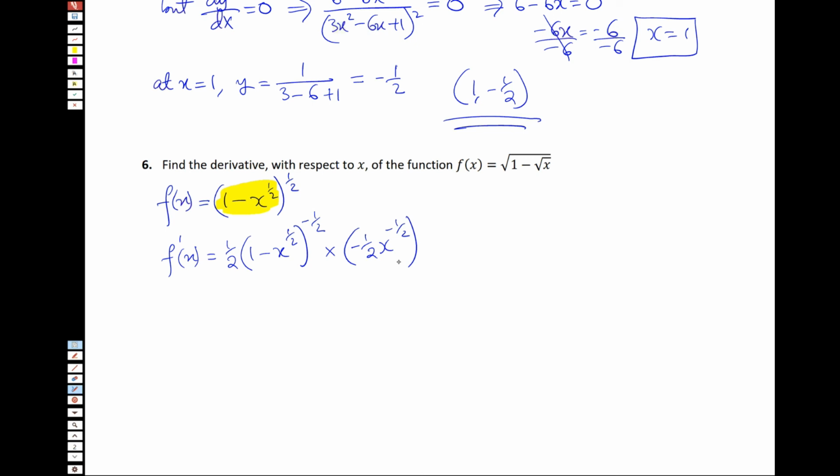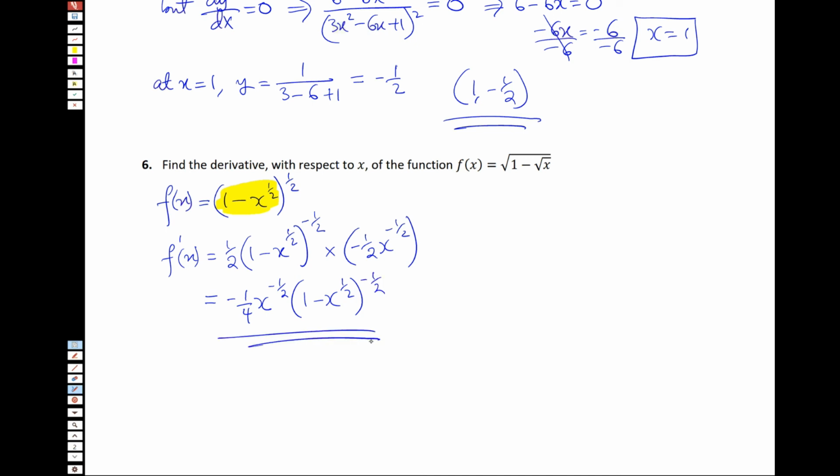And then we can just bring those results together. So what you shall end up with here will be negative a quarter, x to power negative a half into 1 minus x to power a half, to power negative a half.